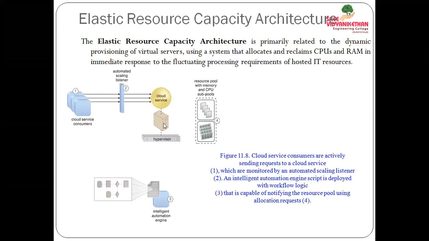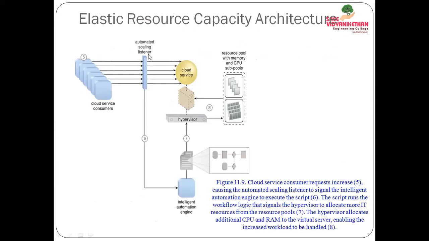What this engine does is, when the automatic scaling listener identifies that the number of requests coming in cannot be sufficiently catered to by the cloud service available, it automatically triggers the intelligent automation engine. And this automation engine accesses the resource pools and allocates the resources accordingly for the existing virtual device or for an existing resource.